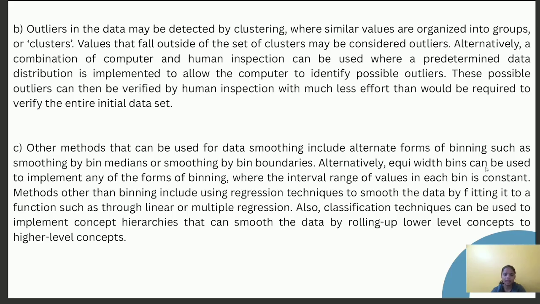Methods other than binning include using regression techniques to smooth the data by fitting it to a function, such as through linear or multiple regression. Also, classification techniques can be used to implement concept hierarchies that can smooth the data by rolling up lower level concepts to higher level concepts.